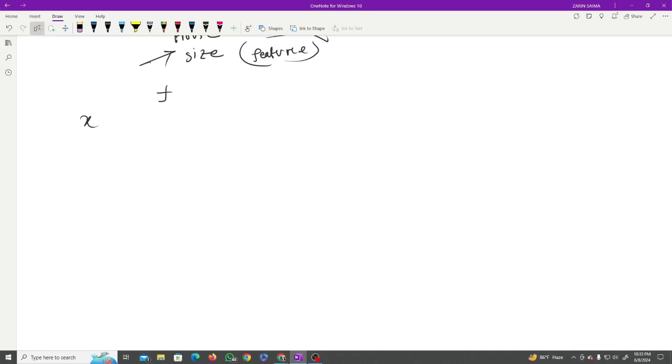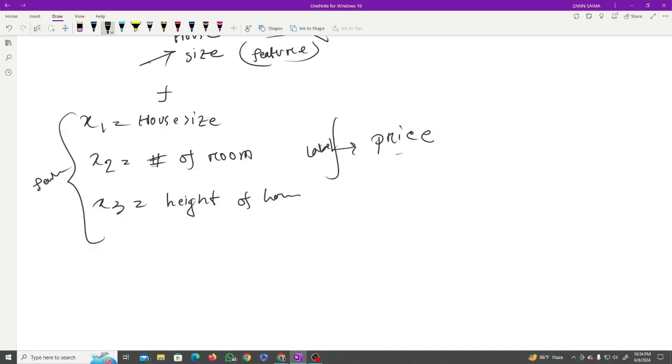Then you want to know some more things about your house, so another feature is the number of rooms in that house. Then another feature, suppose the height of the ceiling. So you can have multiple features, but your label would be one, which is your Y, and you're estimating the price over here. So that is also correct.